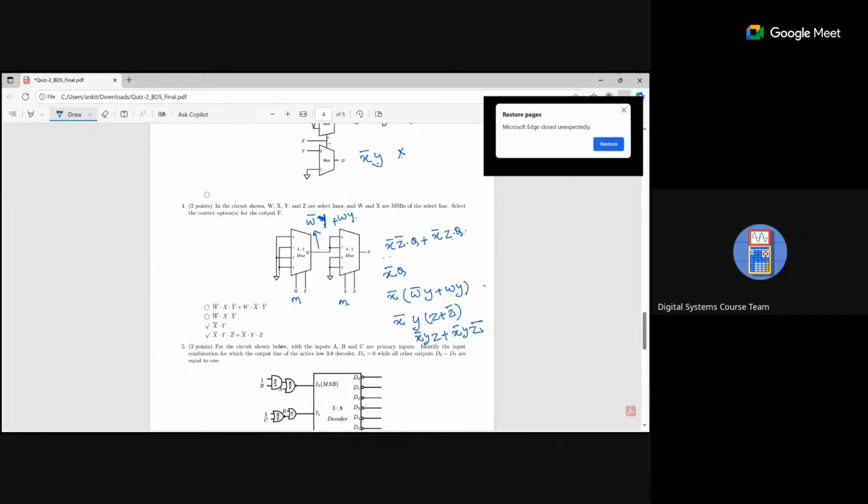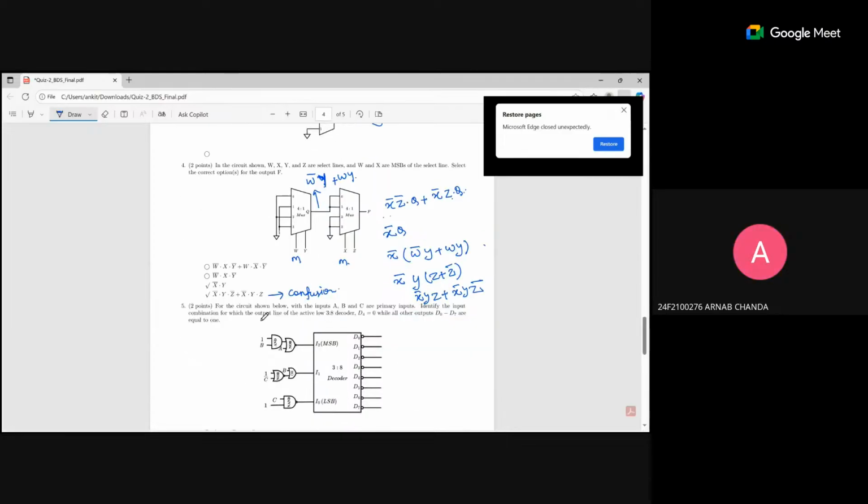This option is only for confusion. So where is that multiple option? Need to select. Yeah, it is a multi-select option. Select the correct options. Okay, I just choose only one.